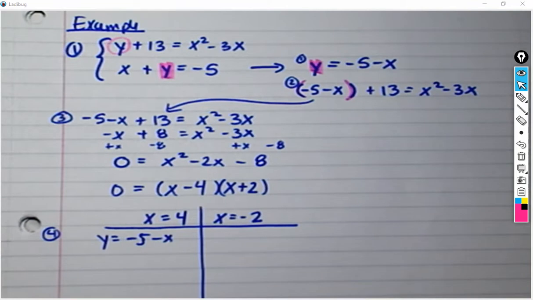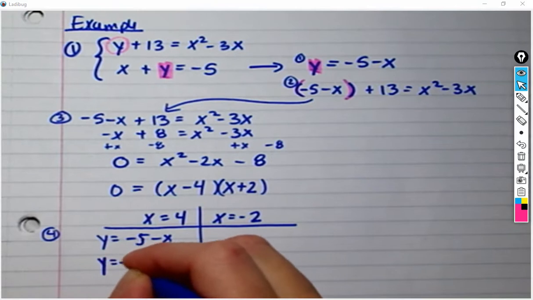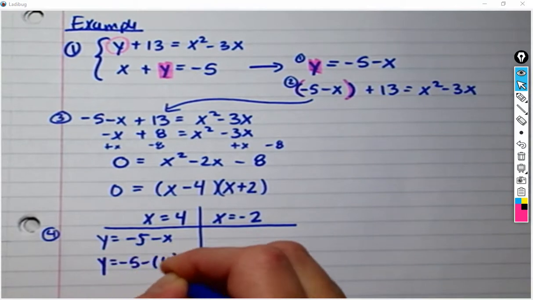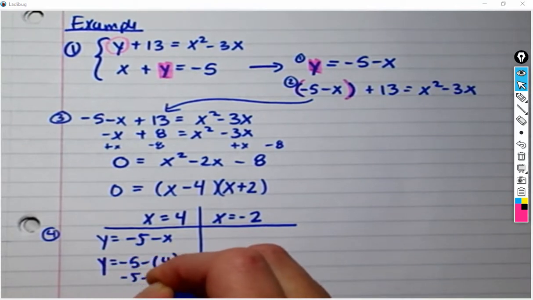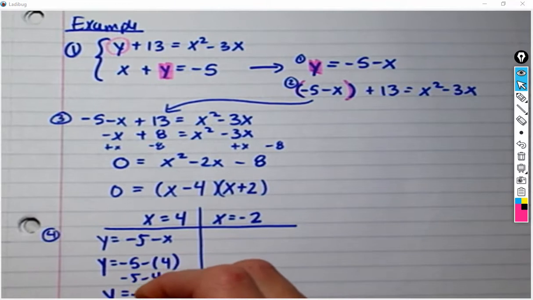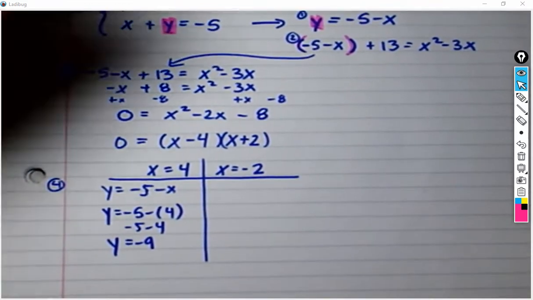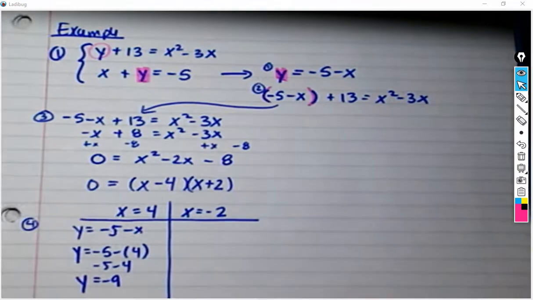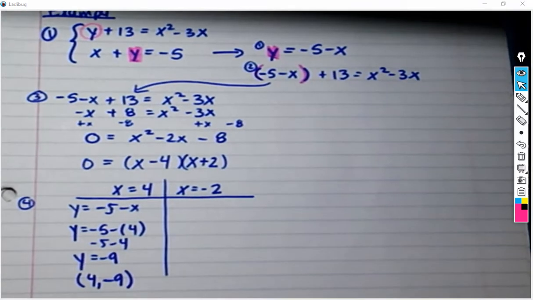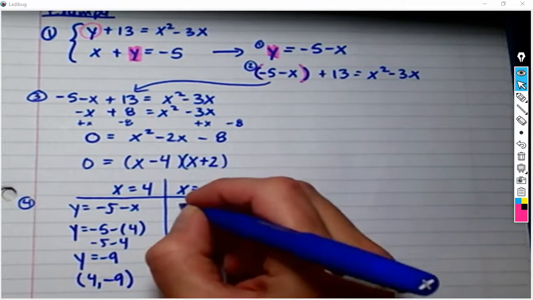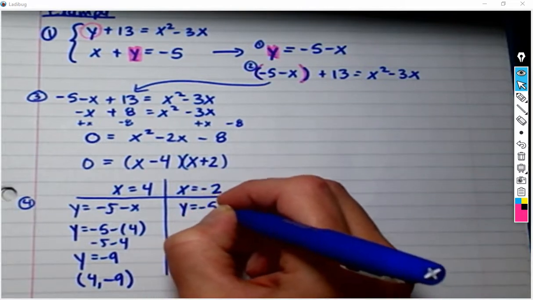Now I made myself a table because it's important that you get the right x's and y's together. Y equals -9. Just a wee bit. Okay. 4, -9. There's your point. Do it again.